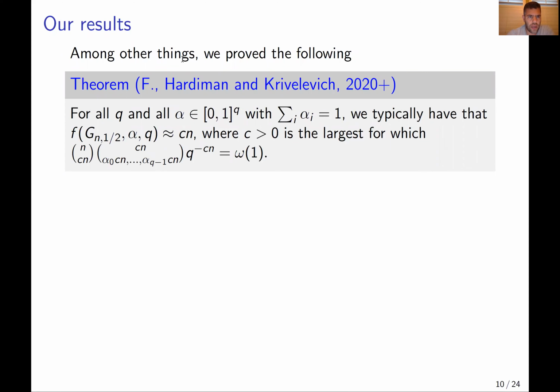So among other things, we prove the following theorem. We prove that for every q, okay, for some reason we are now polishing the results, but so far we wrote it for convenience only for prime numbers. Hopefully it will also work for numbers which are non-primes. So for all q prime and all distributions alpha, we typically have that f(G(n, 1/2), alpha, q) is around Cn, where C is the largest for which some ugly inequality holds.